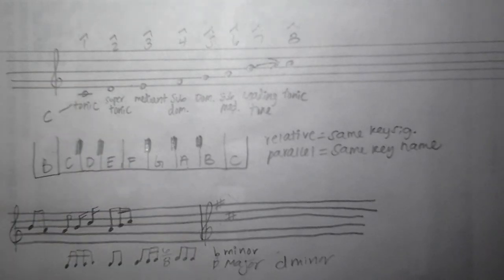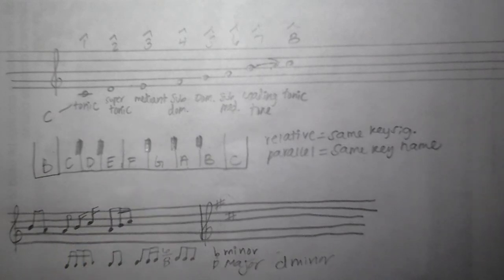So let's figure out what the key signature of D minor would be. In order to do that, you just go the opposite direction of figuring out what the minor was. So to figure out the minor, we went down 3 half steps. In order to figure out the major of this minor, we have to go up 3 half steps. So 1, 2, 3. F major is equal to D minor.